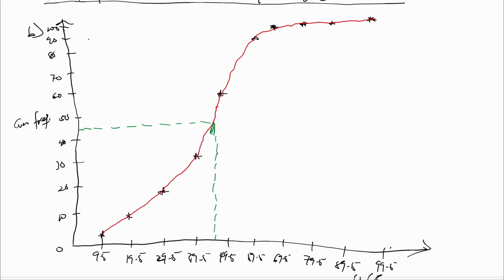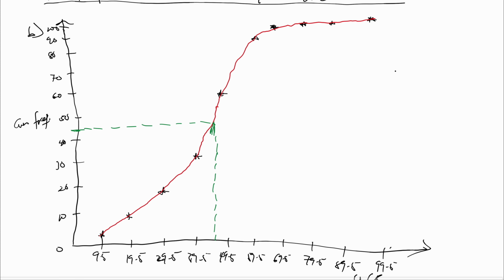When you do it correctly, you should get 42 at this point. So it means 0 to 42 people had below 45.5, and 42 to 100 people had more than 45.5.